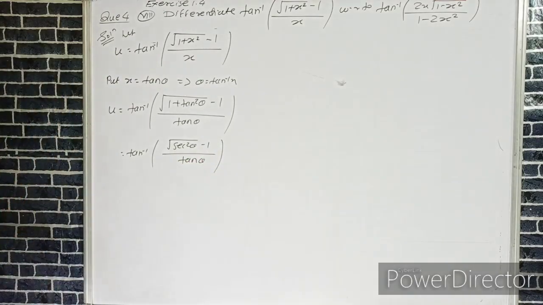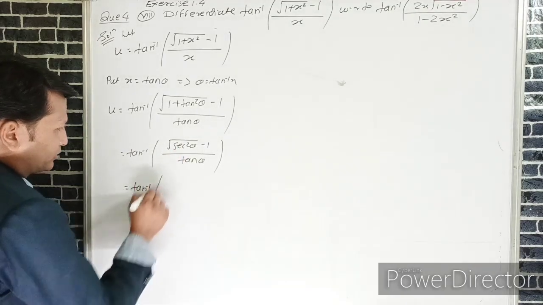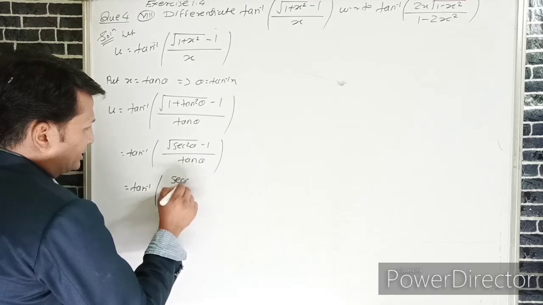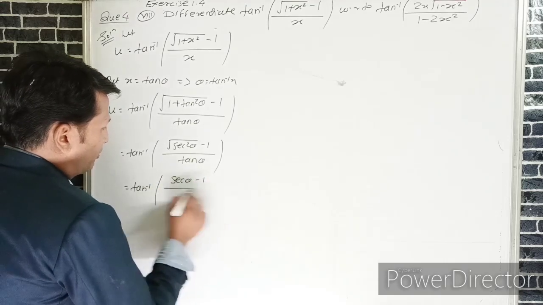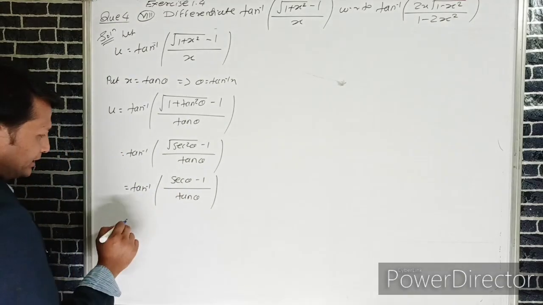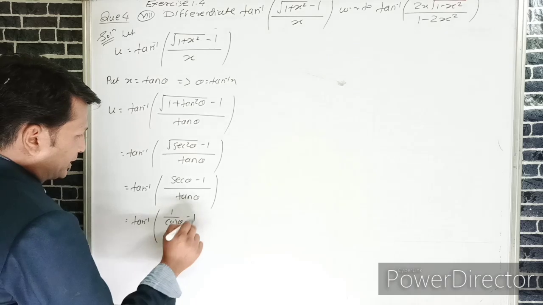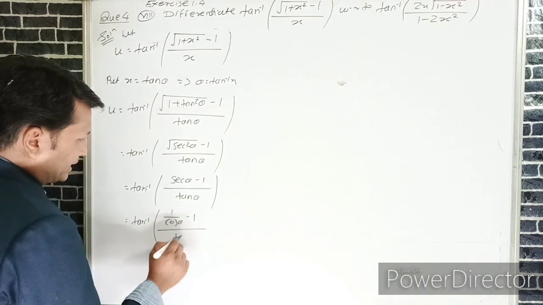Here under root of sec square theta is sec theta, so we can write tan inverse of (sec theta minus 1) upon tan theta. We know that sec theta is 1 upon cos theta, so tan inverse of (1 upon cos theta minus 1) upon tan theta.